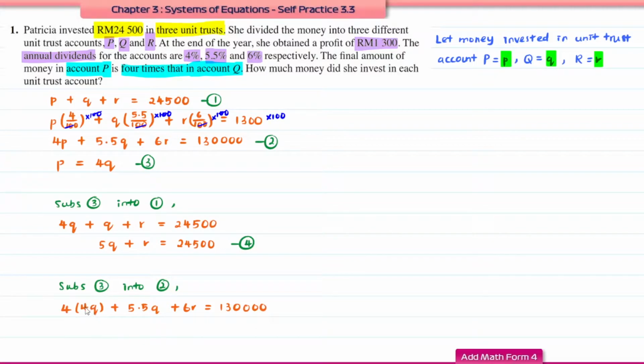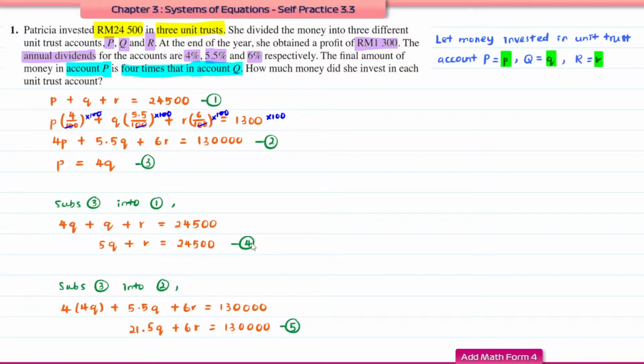So 4 times 4q is 16q. When you add 5.5q, you get 21.5q plus 6r equal to 130,000. We label this as equation number 5.